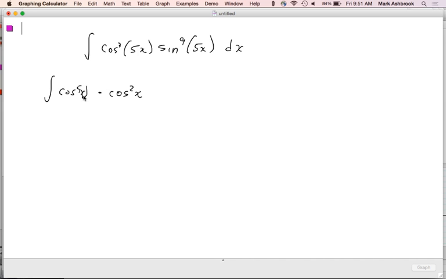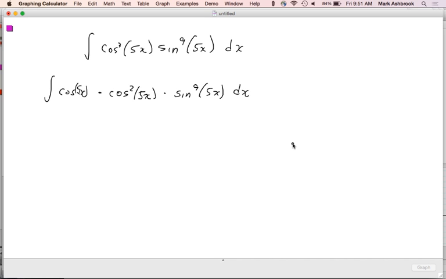If I isolate a cosine, that's going to unlock this thing to get started. Right?